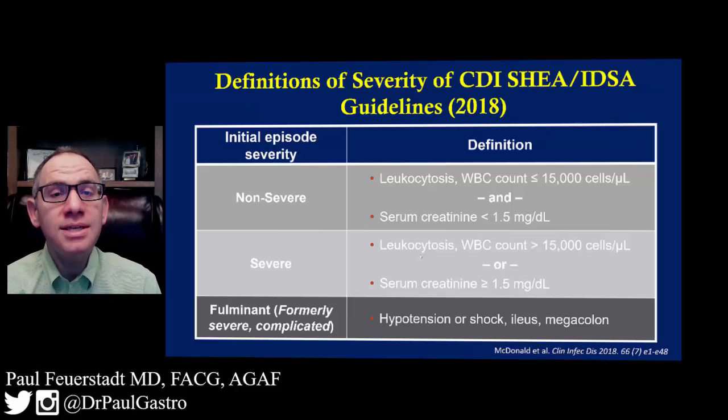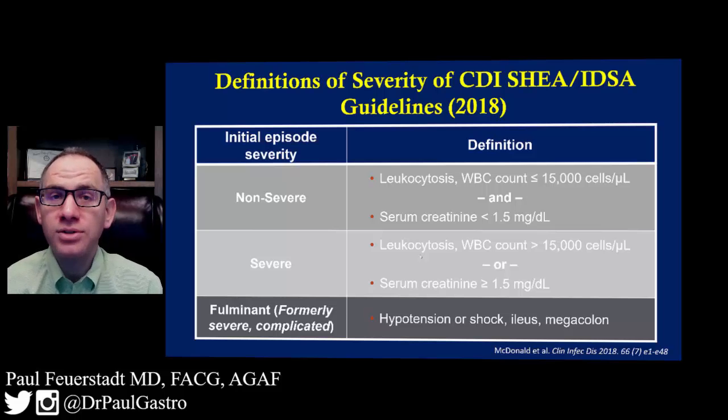The infectious disease literature chooses not to use the albumin, but uses the white blood cell count and the creatinine. And they recommend using a white blood cell count greater than 15,000 or a creatinine greater than 1.5 milligrams per deciliter. And this figure emanates from the Infectious Disease Society of America guidelines that were published in 2018.